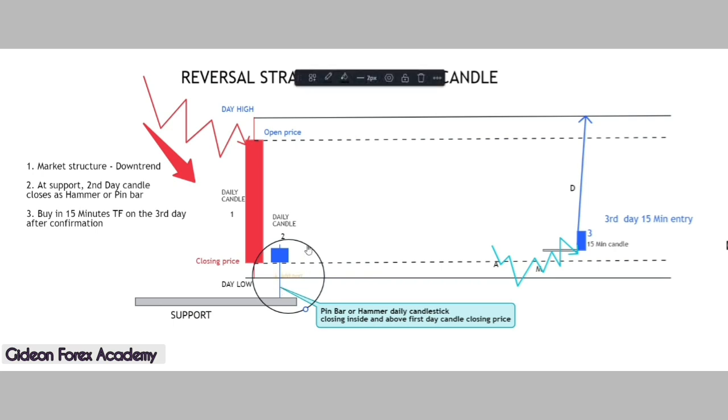At support, it indicates that a reversal to the upside is possible if the market has been bearish. And a pin bar is also a reversal candle. It indicates a kind of indecision in the market that indicates a possible reversal.